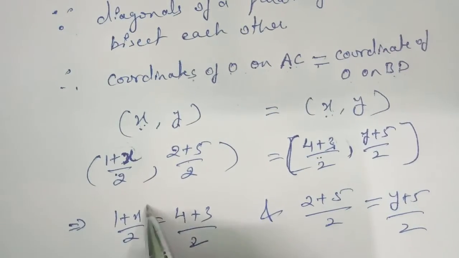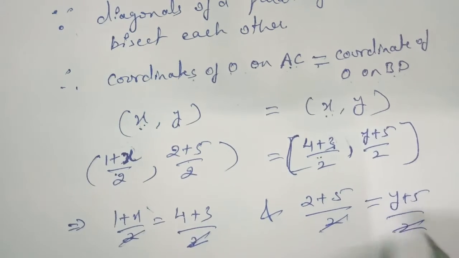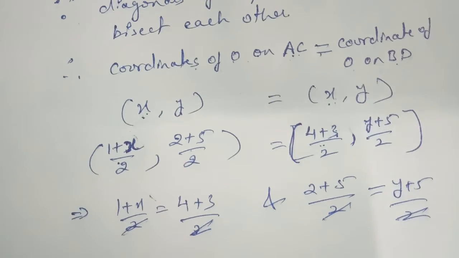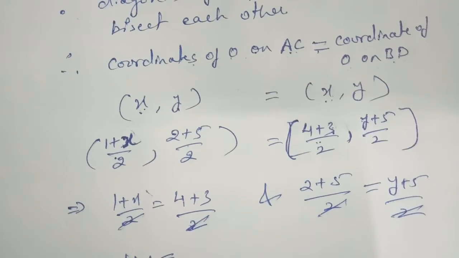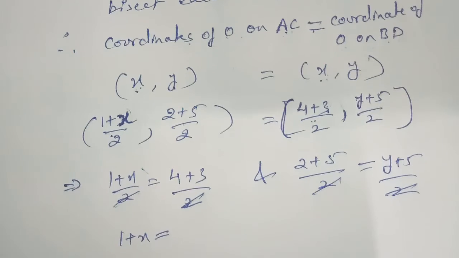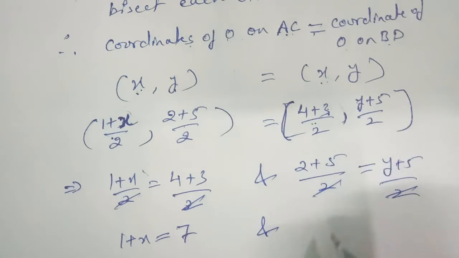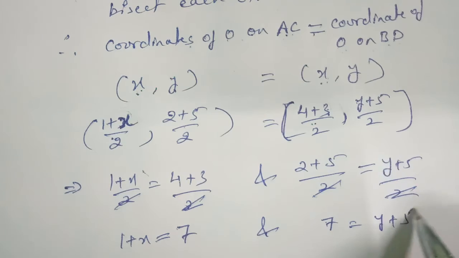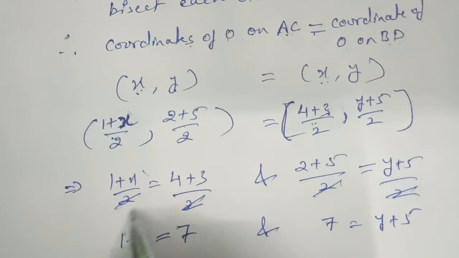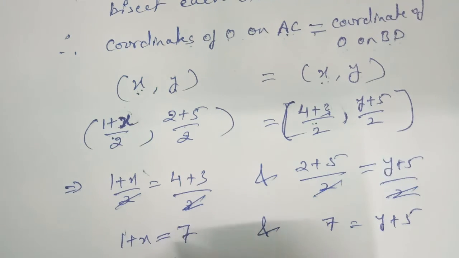Now when you cross multiply, the 2s cancel. This gives 1 plus x equal to 4 plus 3, which is 7. And here 2 plus 5 is also 7, equal to y plus 5. Now transpose the numbers to the other side.